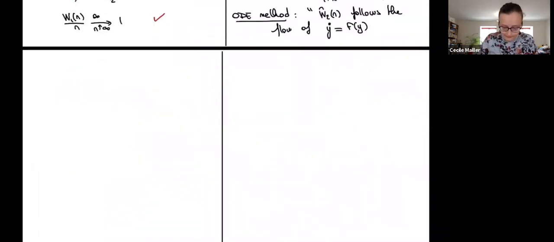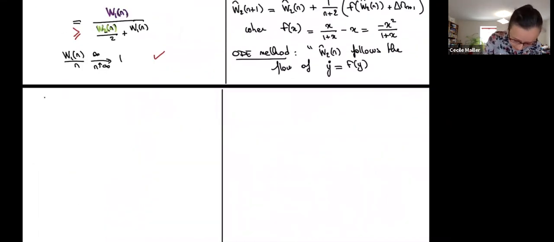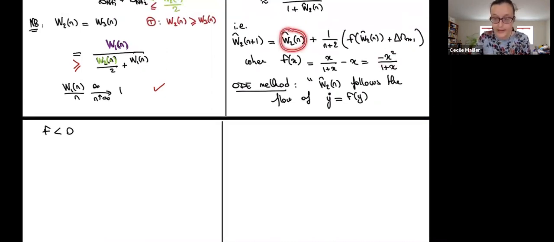And here in particular, you can notice that f is negative on 0, 1. Here I'm just looking at this function on 0, 1 because W hat 2 lives on 0, 1. And this means that in this flow you always have a negative derivative, and therefore you're always decreasing, but you know that you live on 0, 1.